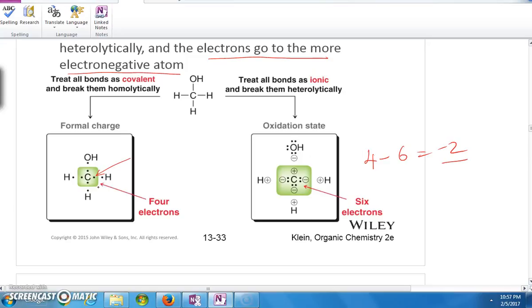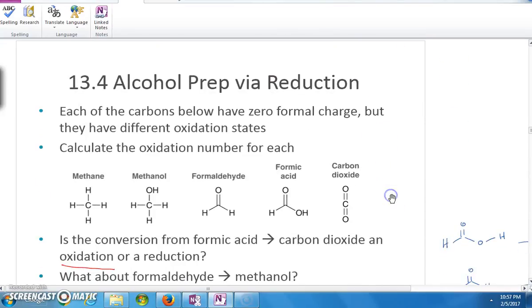So when you are trying to calculate oxidation numbers, make sure that the more electronegative atom goes with the 2 electrons that make up the bond. The bonds break heterolytically, while when you are doing formal charges, the bond breaks homolytically. That's a distinct difference.